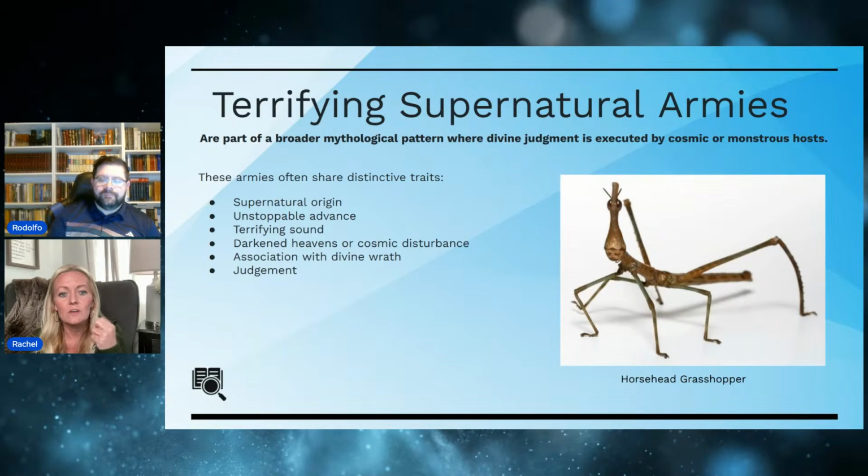They're also unstoppable in their advancement. They also come with a terrifying sound. I think in Joel 2, they act like locusts, but they look like horses, and they make the sound of chariots on top of the mountains. So there's a combination of all these things. I found this horse-head grasshopper. I was looking for some locust thing, and there's a combination of the horse and the locust grasshopper together.